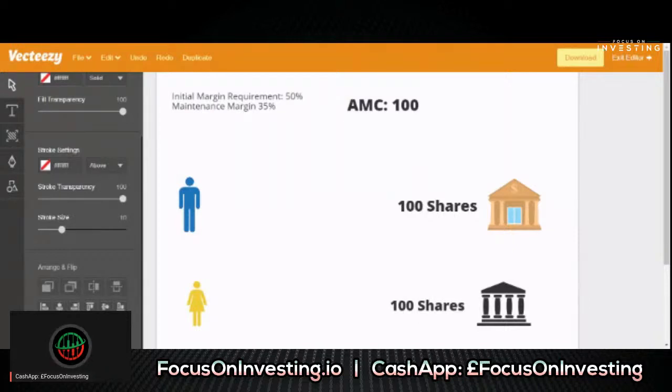This is when something is shorted more than the number of shares available. In this case, AMC shares would be shorted 200%. People will wonder, how do you short something 200%? How do you short more than is available? This is something that happens, and it goes on because it affects the price of the share.